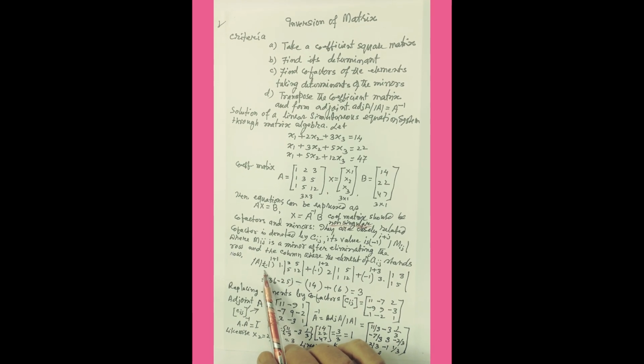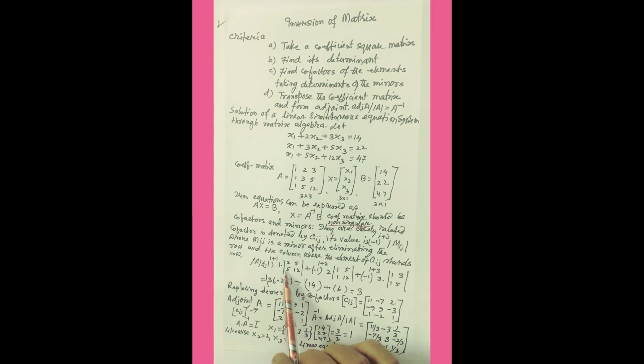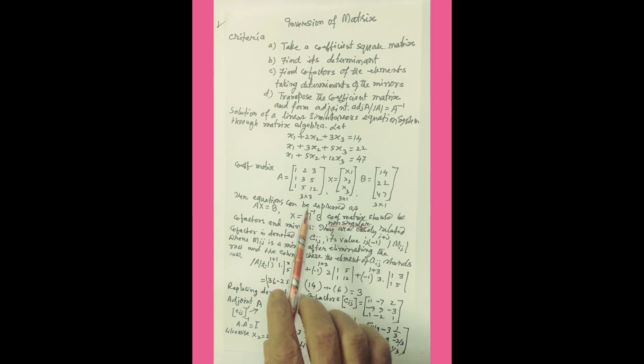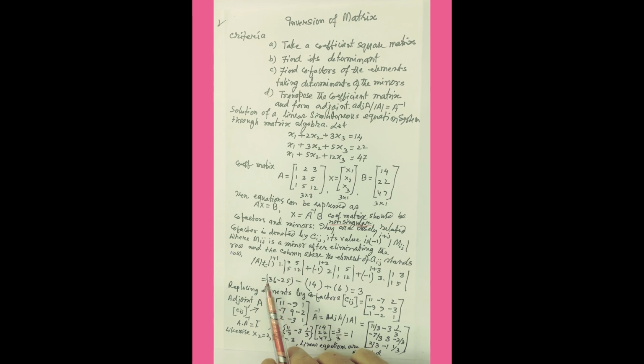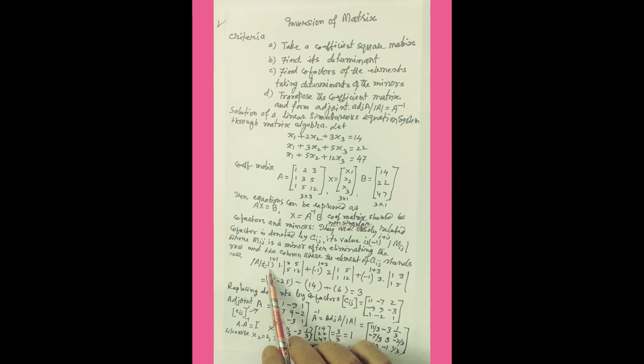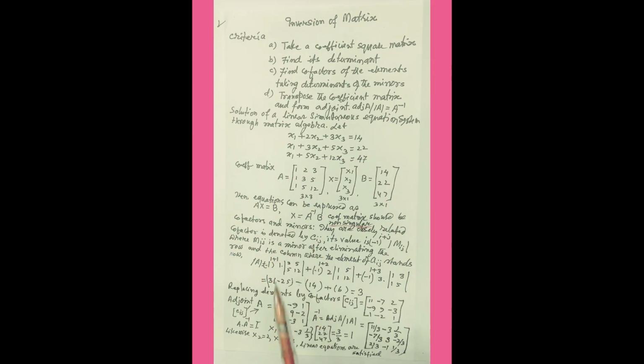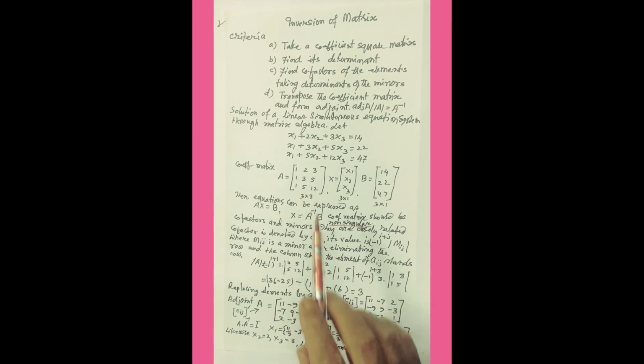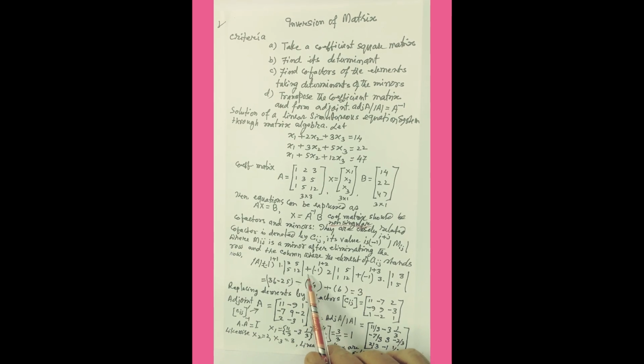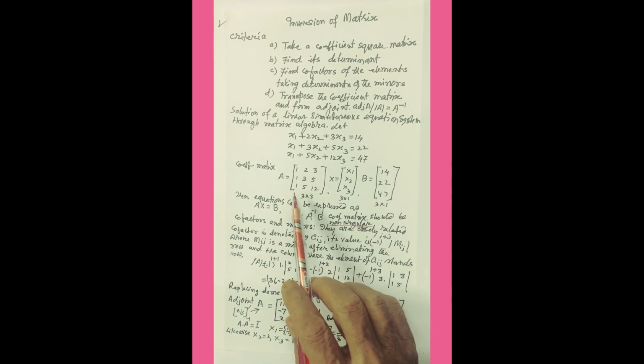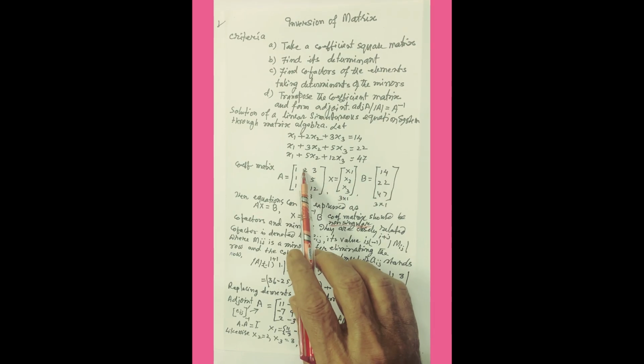Now the determinant of A is equal to, we'll have to find the cofactors. Minus 1 to the power 1 plus 1 for the first element, so 1 into the determinant of 3, 5, 5, 12. Plus minus 1 to the power 1 plus 2 into the determinant of 1, 5, 1, 12 for this element.